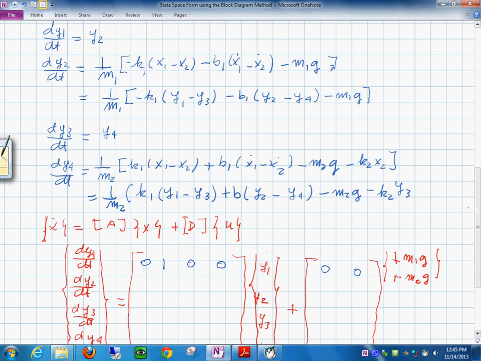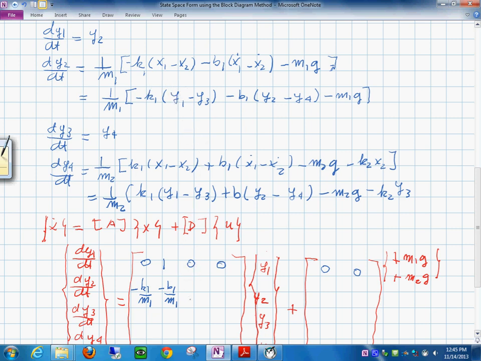Okay, now for the second equation, the value of y1 is minus k sub 1 over m sub 1. The value of y sub 2 is minus b sub 1 over m sub 1. And then you have y3 and y sub 4.